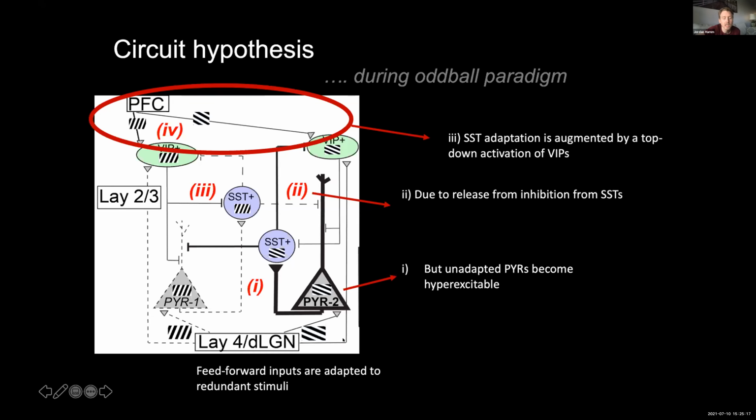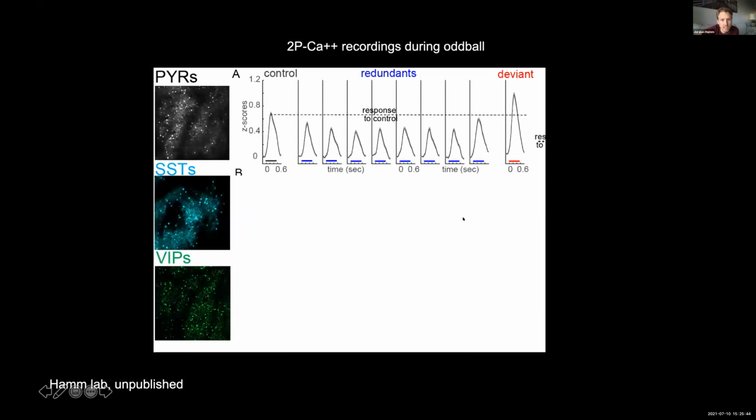So that's a little bit complicated and multi-part, but the idea is that both adaptation in the feedforward inputs only to neurons which prefer the non-deviant stimulus, combined with some increased inhibition of somatostatin neurons from top-down sources, releases the non-adapted pyramidal neurons so that they show the deviance detection response.